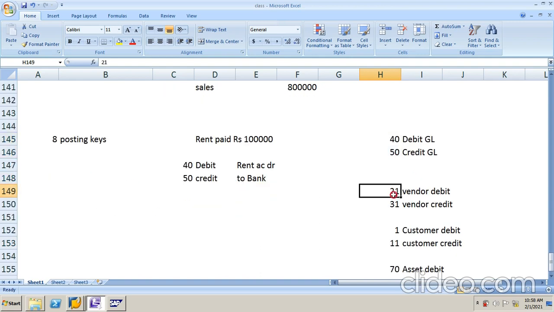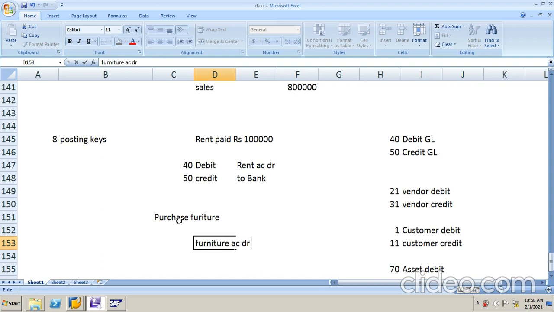Suppose we see vendor credit. If we purchase furniture: furniture account Dr to Madhu.